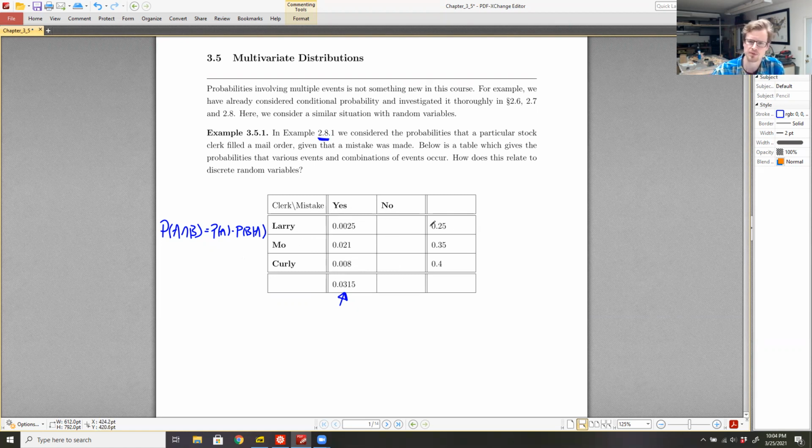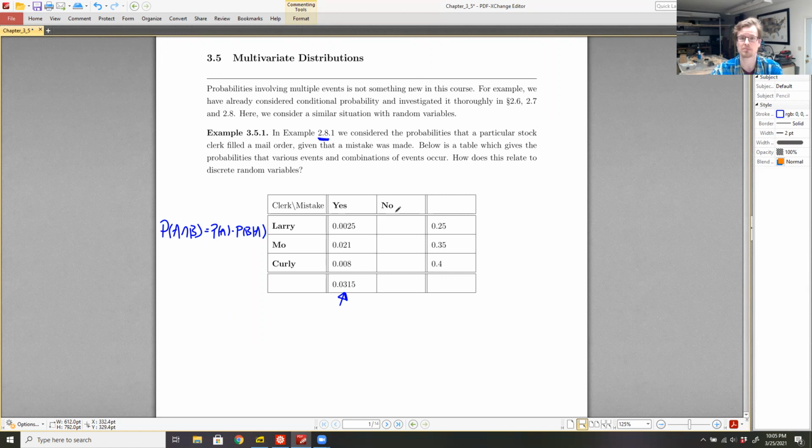Okay, but what we want to do with this table is say, all right, well, if this is the probability that Larry filled the order and made a mistake, what's the probability that Larry filled an order and did not make a mistake? And we can actually use Bayes' theorem again, because essentially what it works out to be is this plus this should give us the probability that Larry filled the order, because when Larry fills an order, he's either going to make a mistake or he's not.